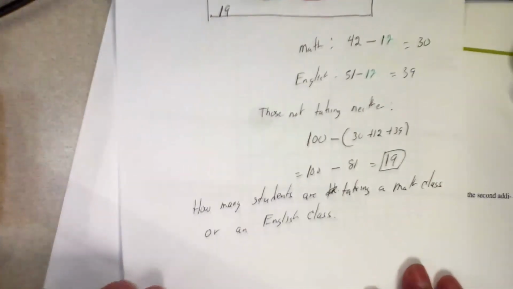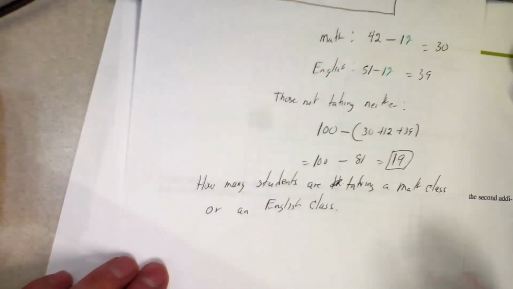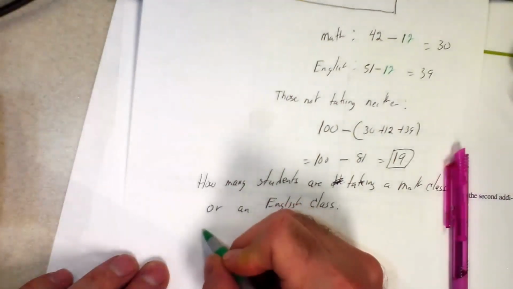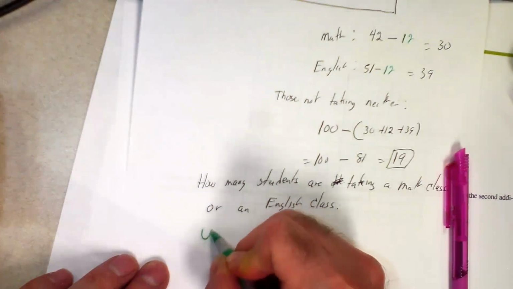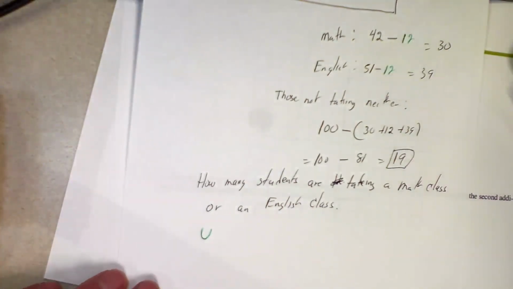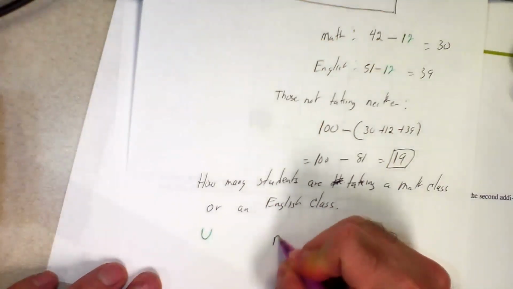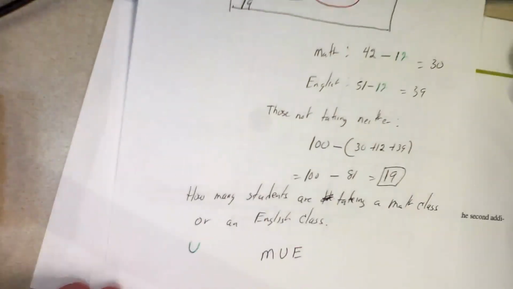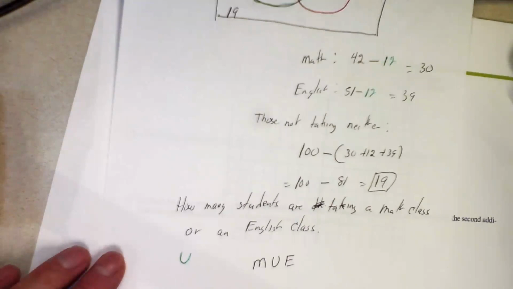Right? So, or, you got to remember what or means. Or means union. Right? You're combining. So what you're doing is you're trying to find math union English. Math union English. Right?